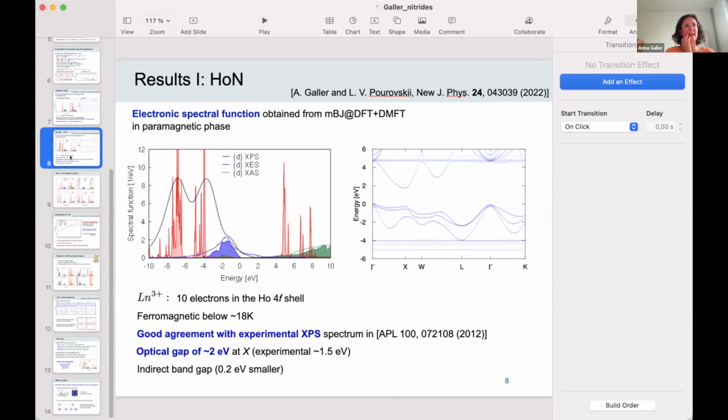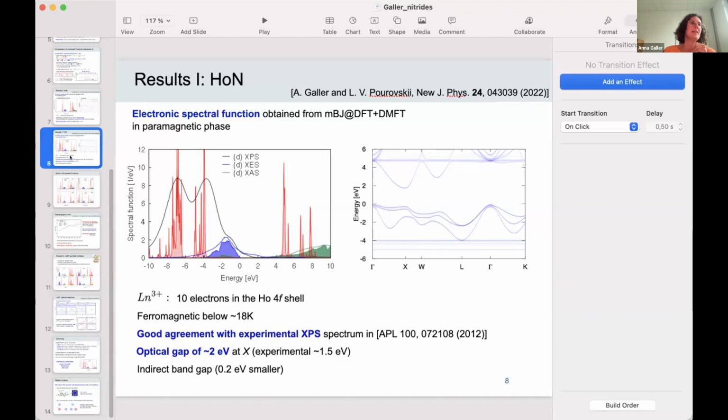I know the work that you are talking about. In our paper, we also have a literature review, because there have been quite some previous works. I recall that in that study, where they put a U not only on the Fs but also on the Ds, it's an ad hoc fix to get the semiconducting band gap to the correct value.